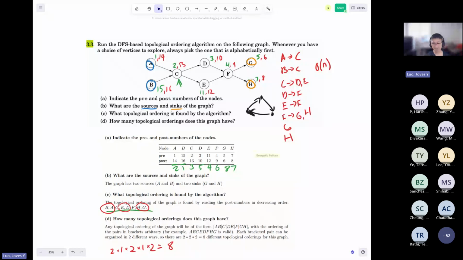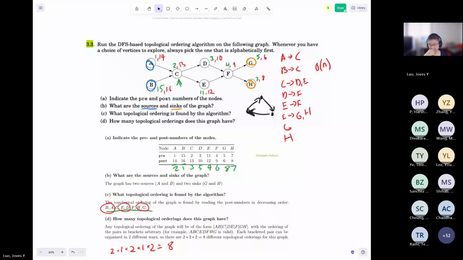It becomes a really hard problem, so I wouldn't worry about trying to solve it. This is just an exercise: if you were able to see a very simple graph, understanding why graphs can have different topological orderings is important. Finding an algorithm that finds all of them is beyond the scope of this class.